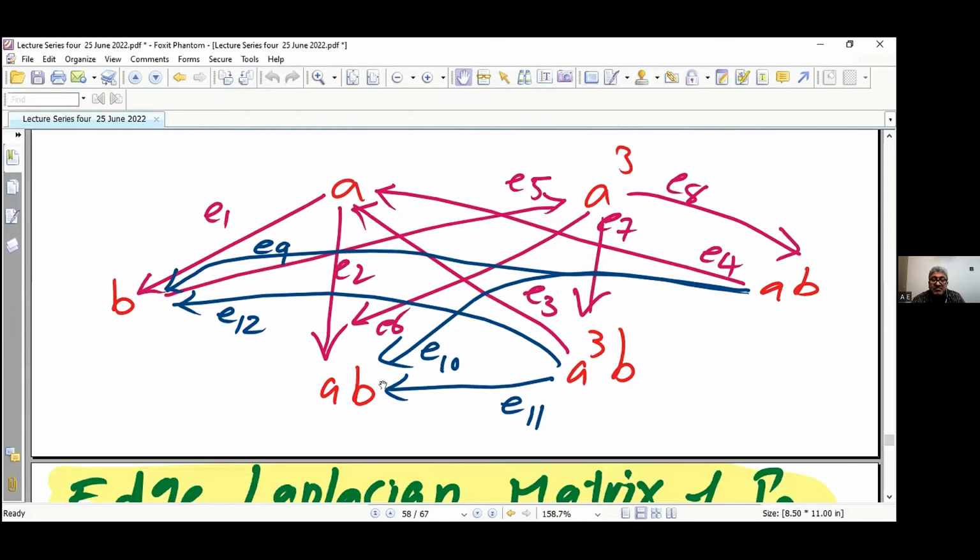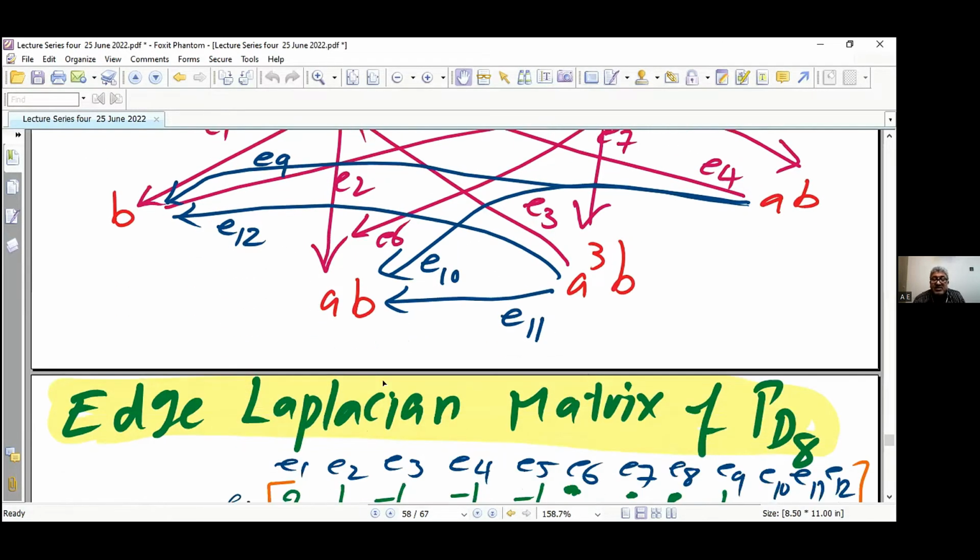Now, how about the edge Laplacian matrix? Of course, we have two ways to compute the edge Laplacian matrix. The first way is to compute it directly through the definition of the edge Laplacian matrix.